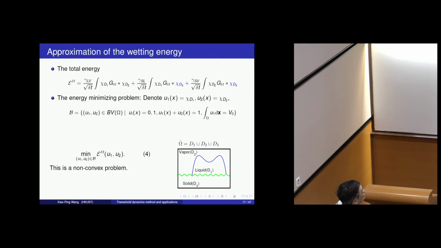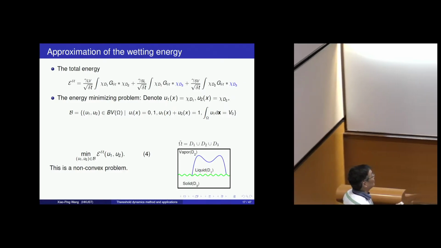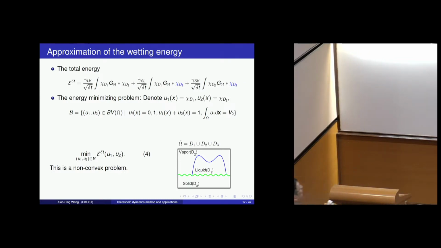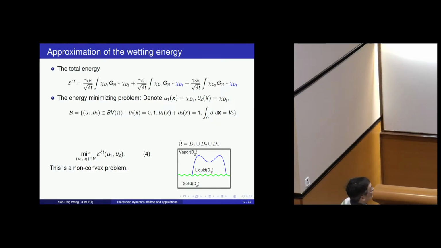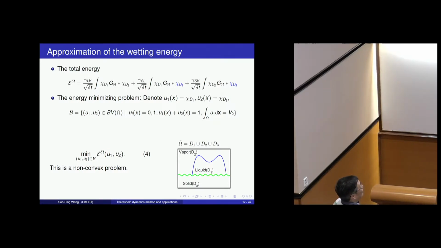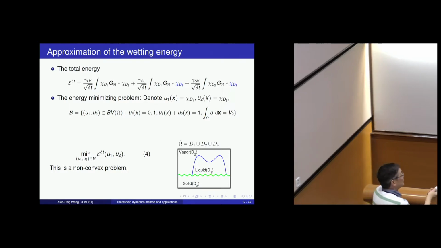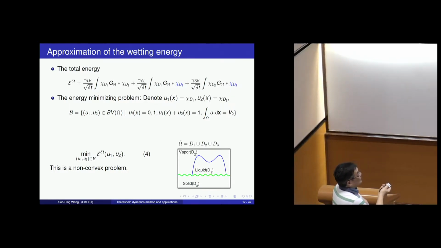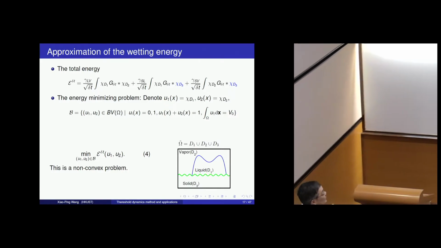If you denote U1 as the characteristic function of D1, U2 as the characteristic function of D2, then you are minimizing this total interface energy in the space of U1, U2, which are characteristic functions. And also you have this area conservation, so you preserve the volume of the liquid, for example.